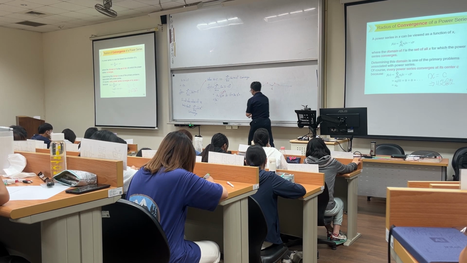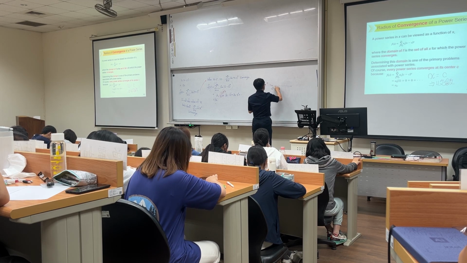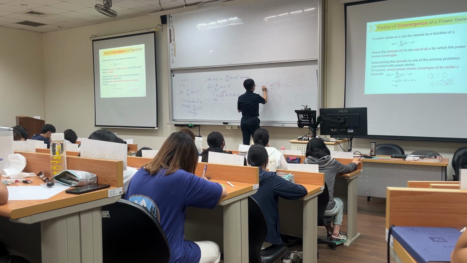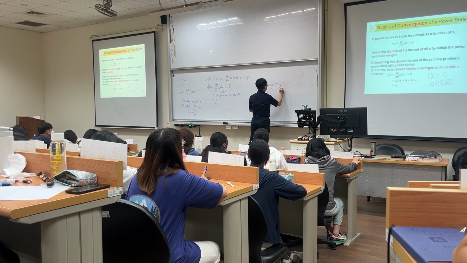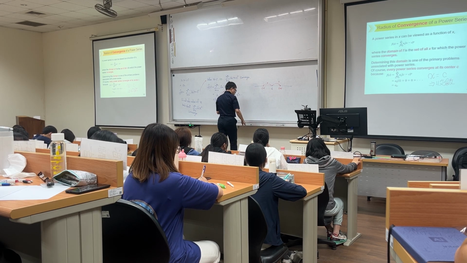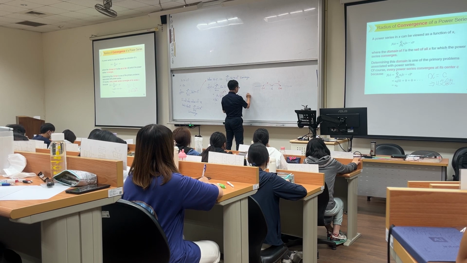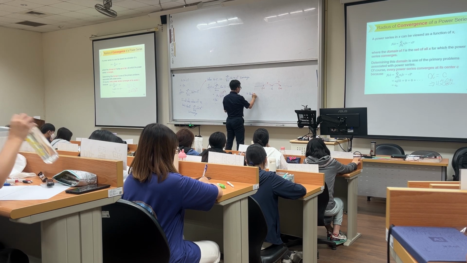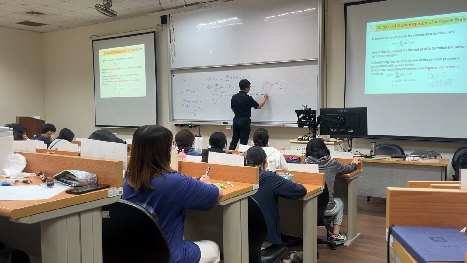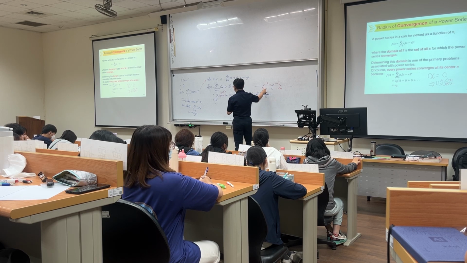The points will be c minus R and c plus R. R is the radius of convergence.